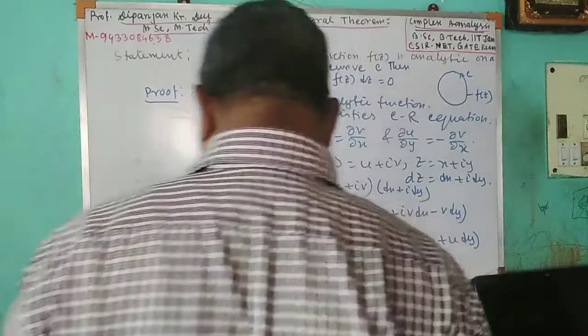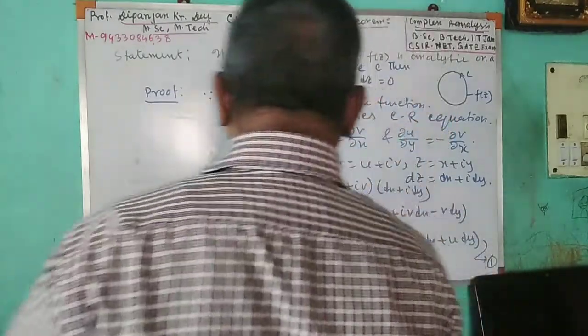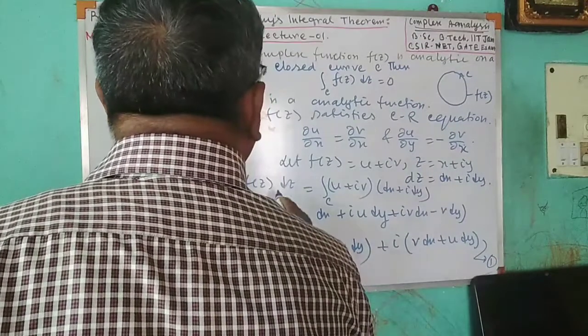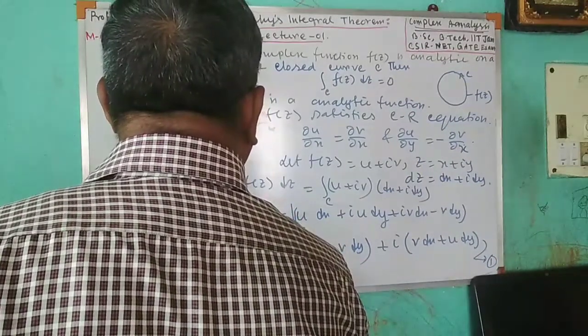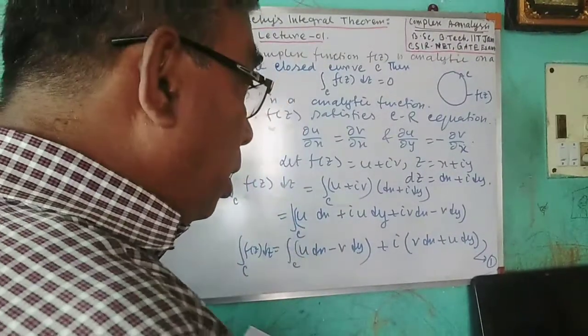So this is equation 1, where the left side is the integral over C of f(z) dz.